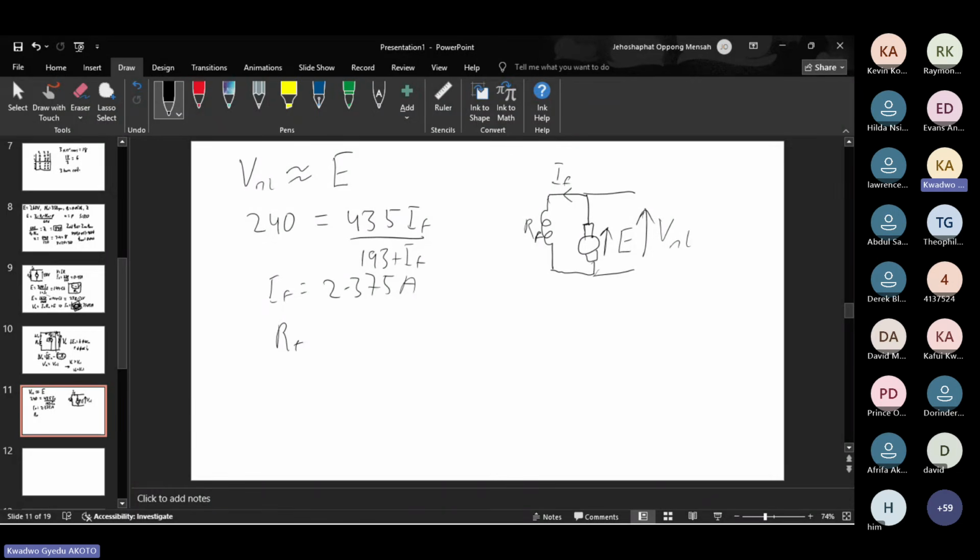The voltage across our RF is going to be equal to our no load voltage, right? So that means that RF can be equal to V no load on IF no load.